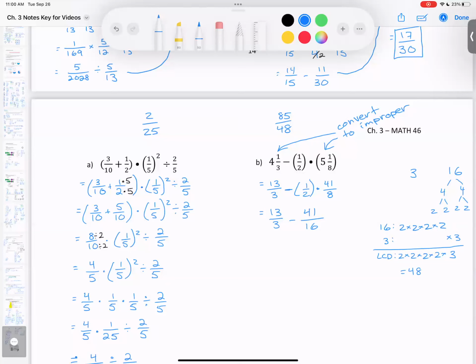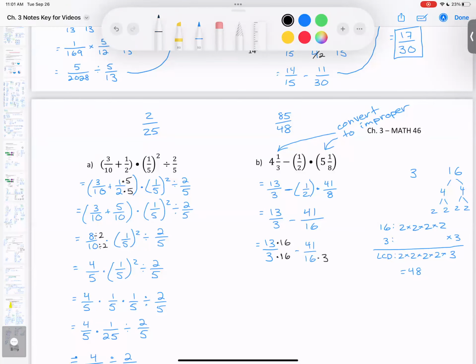So we need a common denominator of 48. So this first fraction here, we would have to multiply by what to get to 48? Well, if you're not sure, you can do 48 divided by 3 on your calculator, and that will give you 16. So we have to multiply that one by 16. So the second one here is a 16. How do we go from 16 to 48? We could once again go 48 divided by 16 this time, and you'll find it's 3.